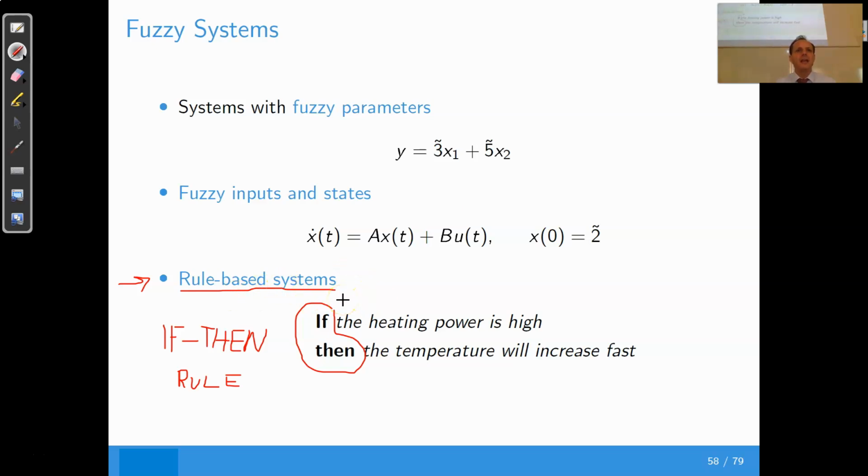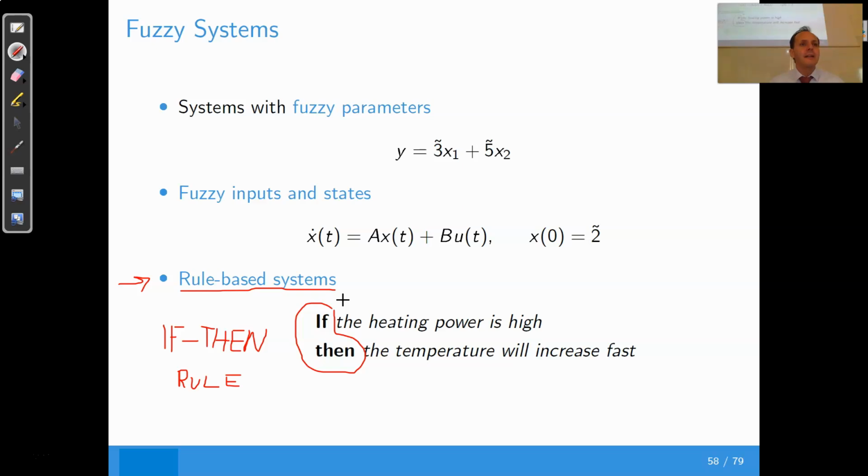This is the simplest way of describing the behavior of a dynamic process, because you don't need to know the physics behind the process, only your experience.